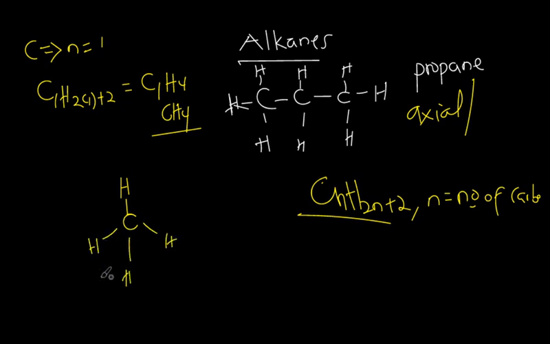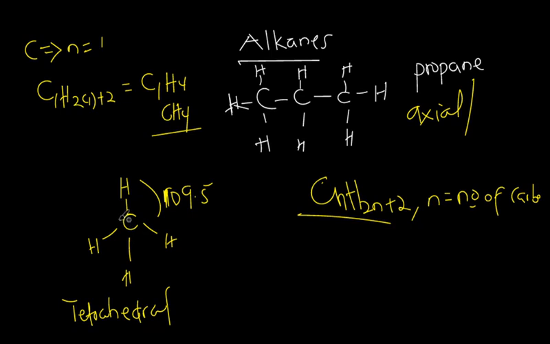Now let's take a look at something. If you've done hybridization and you know your hybridization, then this shape should tell you something. This is a tetrahedral shape. Any molecule having this shape is called tetrahedral, and it has a bond angle of 109.5 degrees.